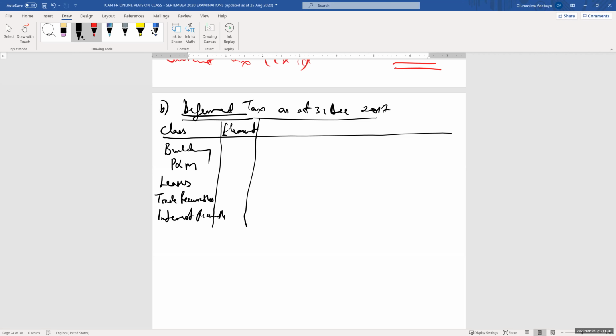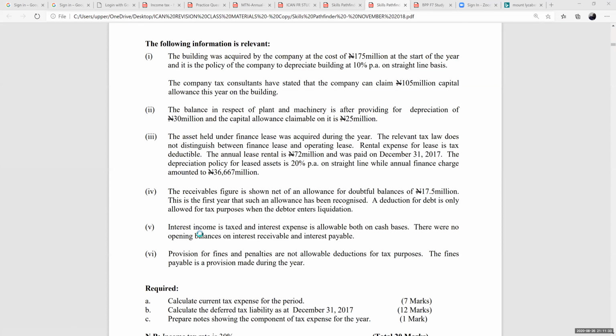Interest receivable. I have fines payable.